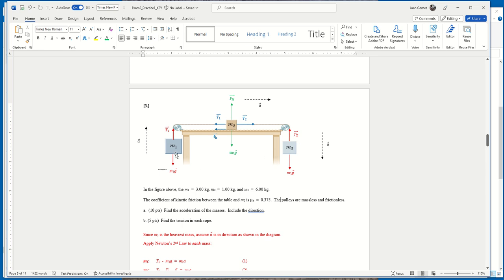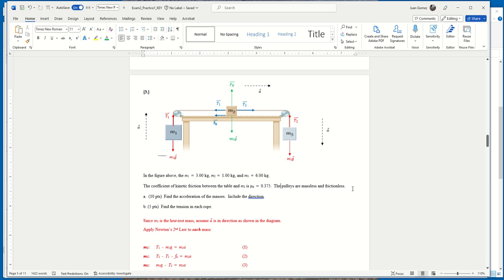Just like M1, the only forces acting on M3 are the weight, M3G, and the tension force, T2. The tension on the right of M2 is also T2, because that rope connecting M2 and M3 goes over a frictionless pulley, so the tensions are the same. Okay, so those are my forces.